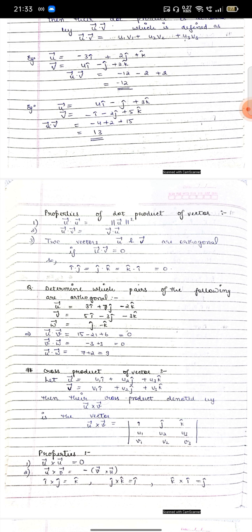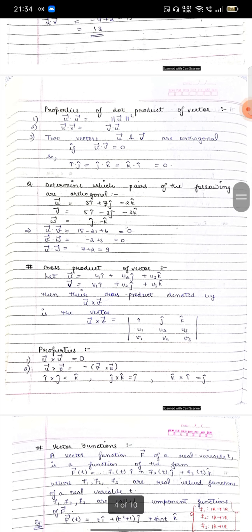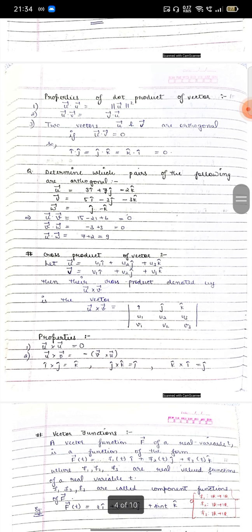Now we will learn about cross product of vectors. Let u vector is equal to u1 i cap plus u2 j cap plus u3 k cap, and v vector is equal to v1 i cap plus v2 j cap plus v3 k cap. Then their cross product is denoted by u vector cross v vector, which is equal to the determinant of u1 u2 u3, v1 v2 v3. Therefore now we get some properties.